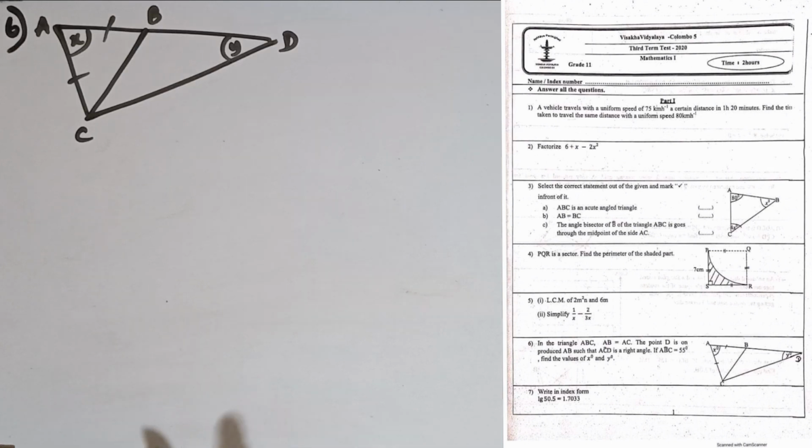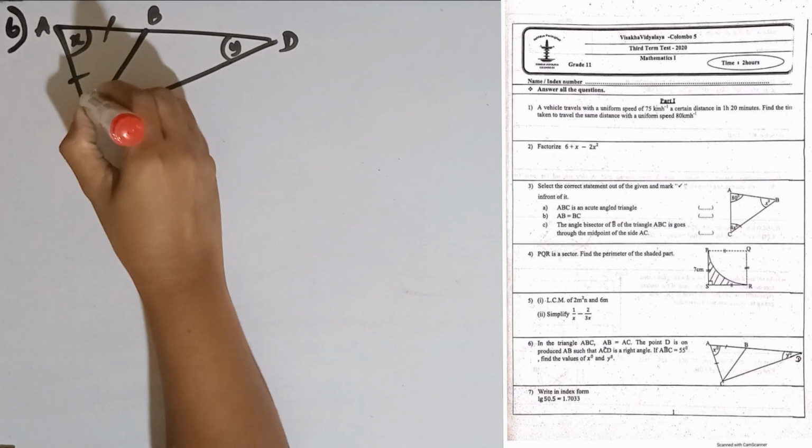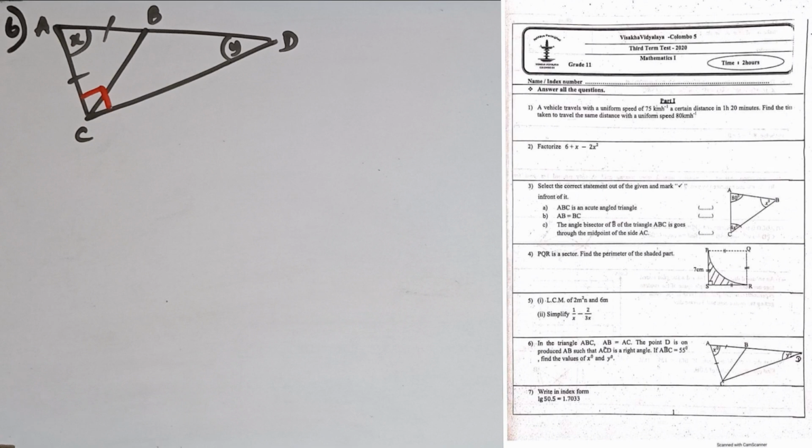Question number 6. In the triangle ABC, AB equals AC. The point D is on the produced AB such that ACD is a right angle. So here ACD is a right angle.